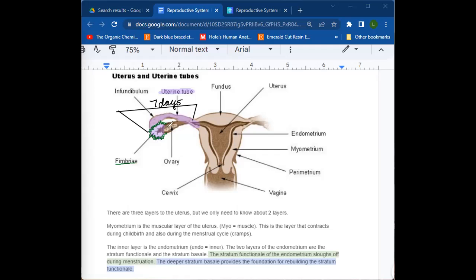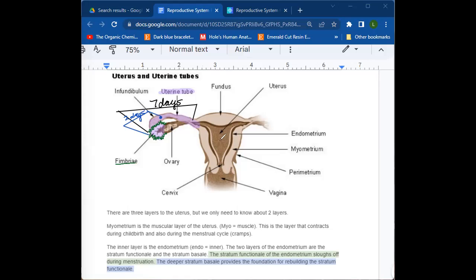It's only fertile for about 24 to 48 hours. So that means that the egg probably will only have barely made it to right around here before time's up and the egg is no longer fertile.